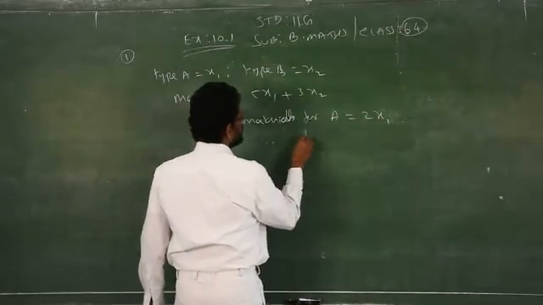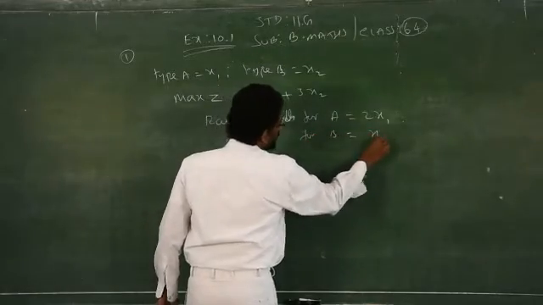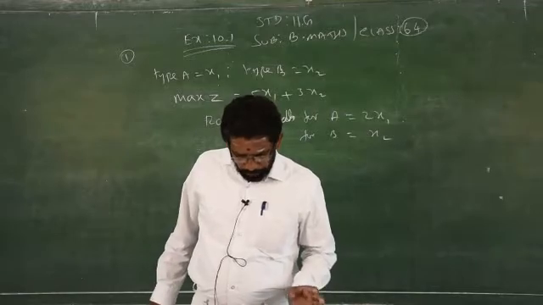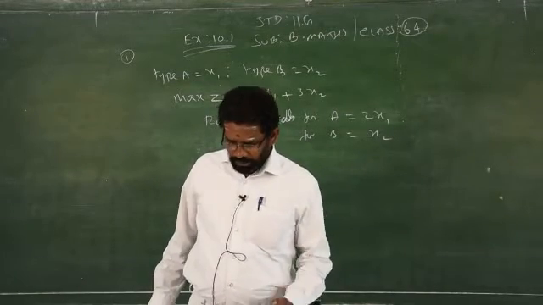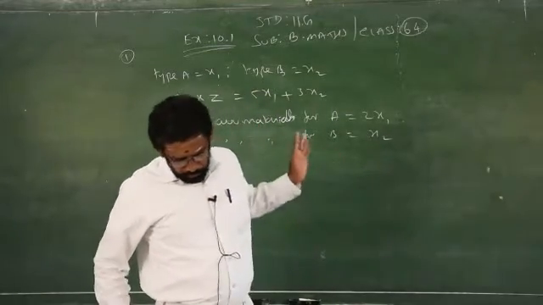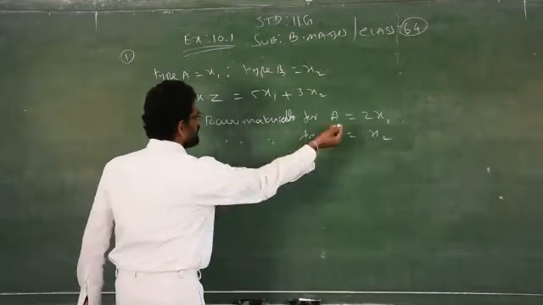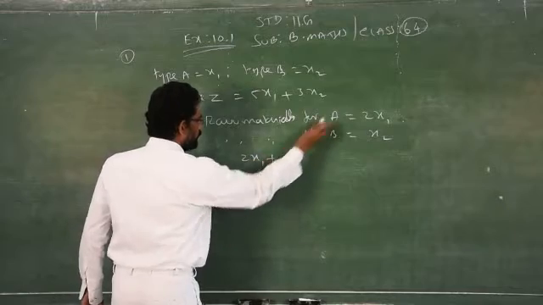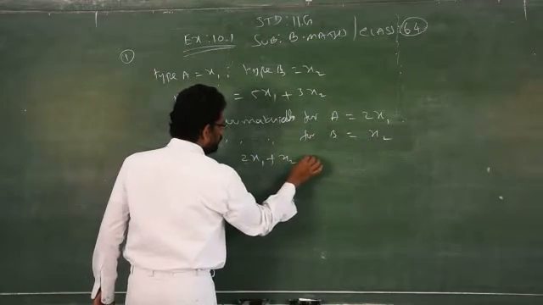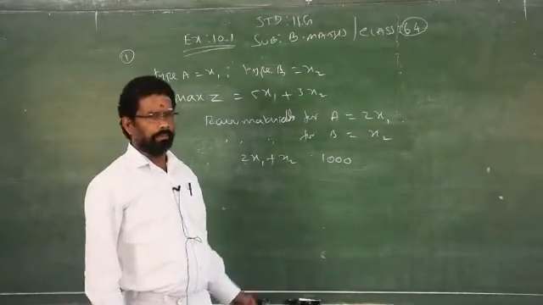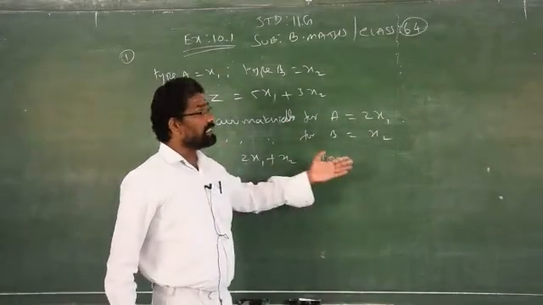Then raw materials for B, X2. It is given already in the question. So, what is the maximum? It is enough to produce a maximum of 1000 pens. Therefore, to produce these types of pens, you have a maximum of how many raw materials? 1000 raw materials required to produce maximum.